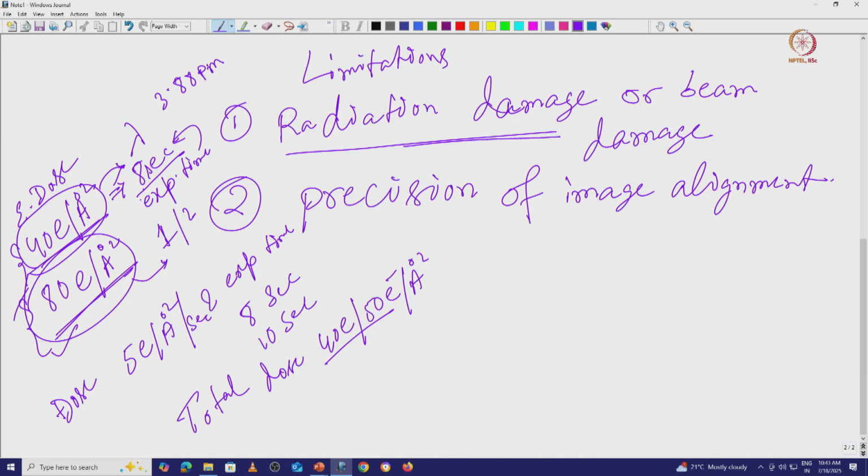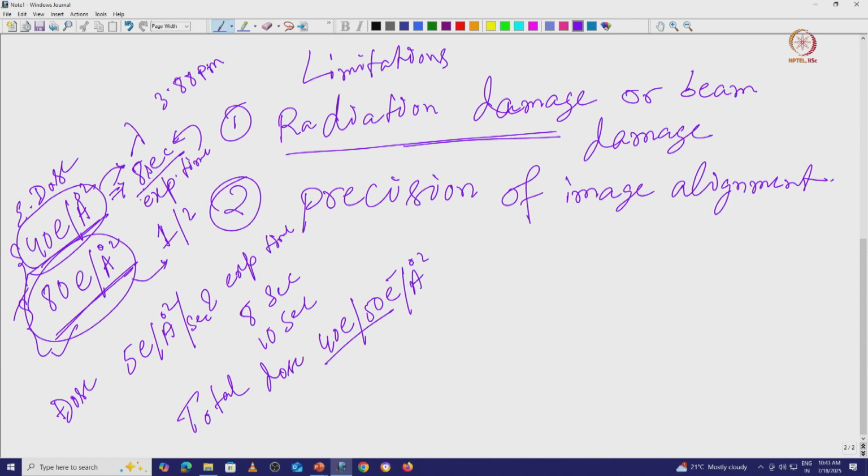Then precision in the image alignment. That is another important point. We will discuss 2D classification, and at that time you will get the information on how we are aligning our particles. There are multiple particles with different orientations. We segregate particles with the same orientation together, and we calculate the cross correlation between those particles.